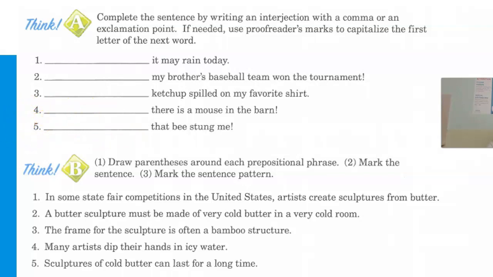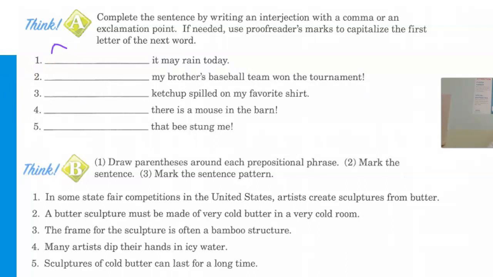So let's have everyone turn to page 156 and we'll look at Think A. Complete the sentence by writing an interjection with a comma or an exclamation point. If needed, use proofreader marks to capitalize the first letter of the next word. So we have blank, it may rain today. So you can choose a word to put in there.